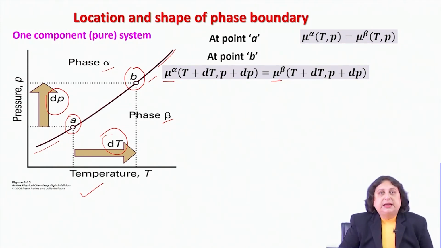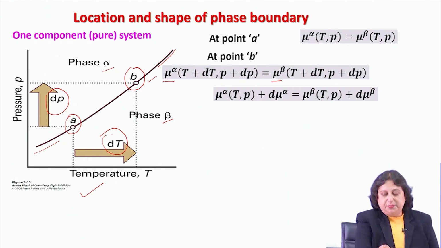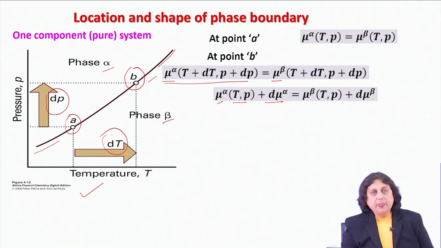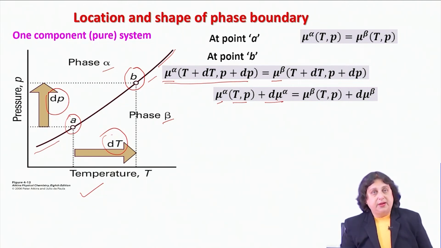Now, I can write down mu alpha at this point B as mu alpha at (T, P) plus d mu alpha. So what is d mu alpha? d mu alpha is the change in chemical potential of the component alpha as I changed the temperature of the system by an amount dT and the pressure by an amount dP.